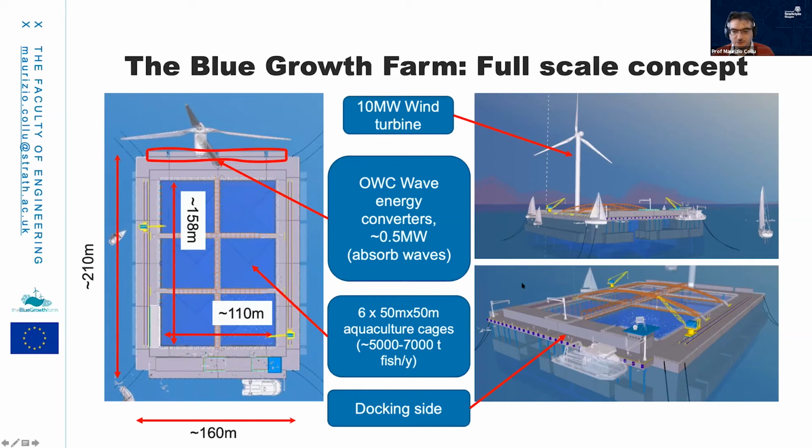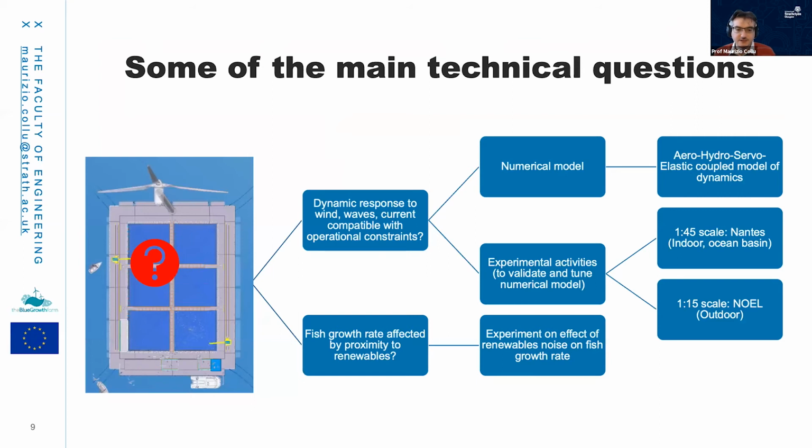These are the other two views. So you may ask yourself, okay, this looks like a nice concept, but is it able to have a dynamic response once it's excited by wind, waves and current, compatible with operational constraints of the aquaculture system and the wind turbine?